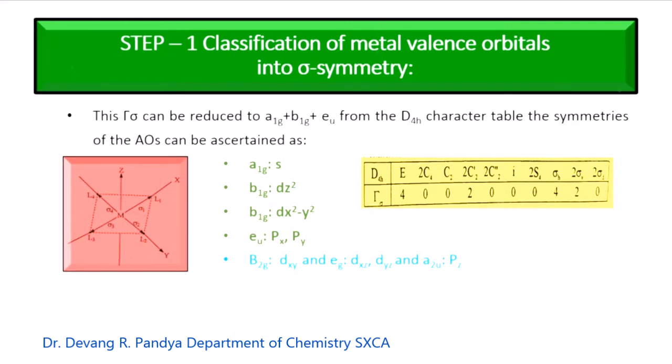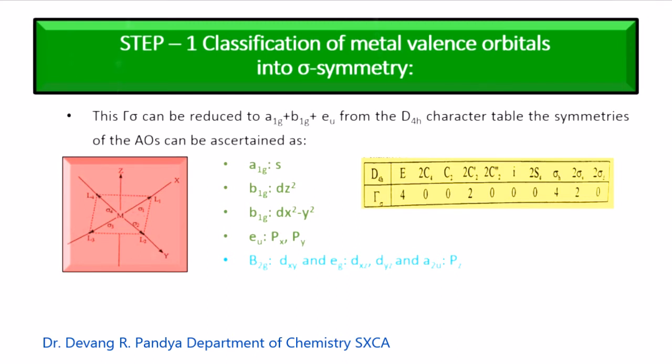In crystal field theory, when the metal ion is in a free state, it has five d orbitals which are degenerate. Degenerate means equal in energy. When ligands approach this free metal ion, its energy increases, but the degeneracy remains as it is.